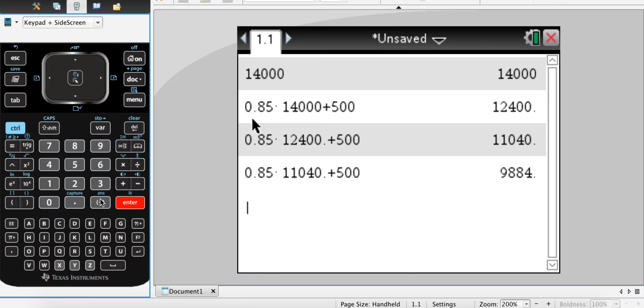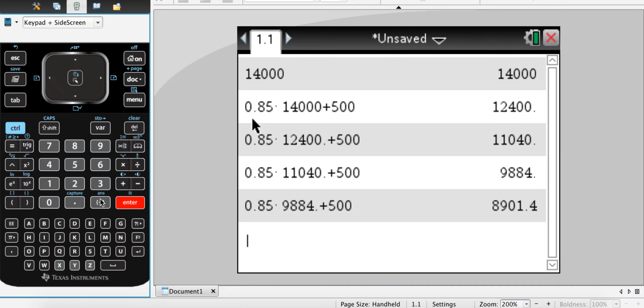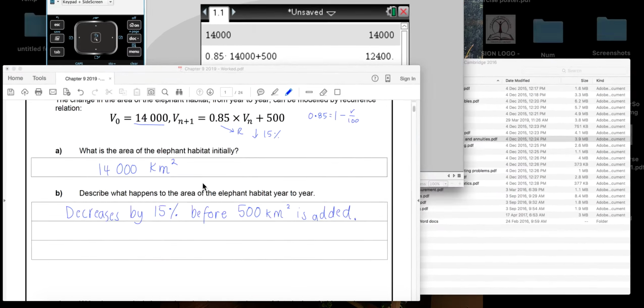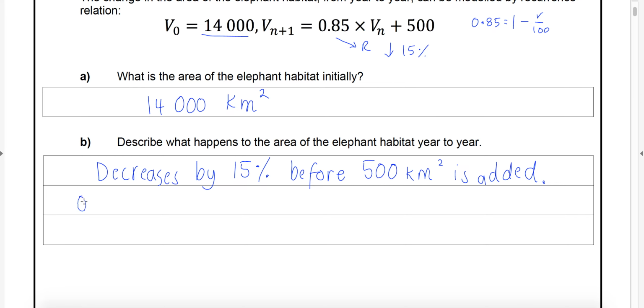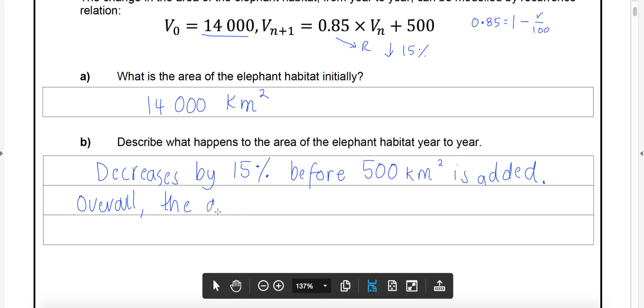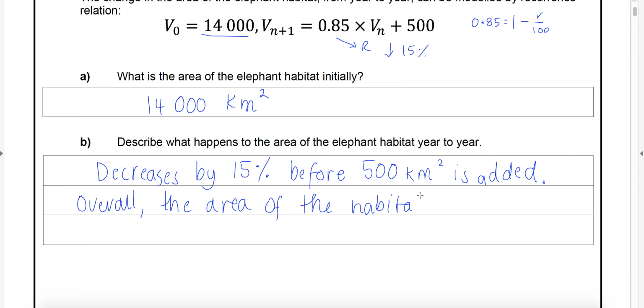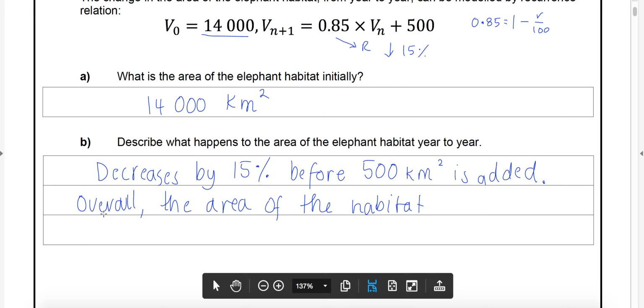As we can see, over time, the habitat is decreasing. So overall, the area of the habitat, just so that I've got a summary of what's happening year to year, I've got mathematically what's happening, but also overall, the area of the habitat is decreasing year to year.